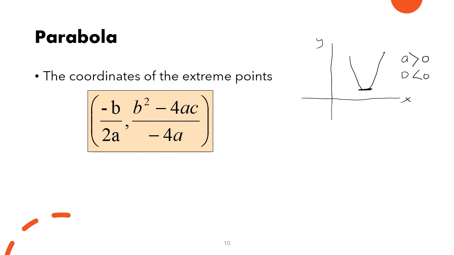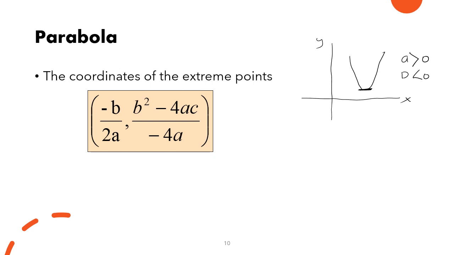So why do we need to understand a and D? First of all, we can imagine how the curve will be drawn, and then we know also whether it can reach a minimum point or a maximum point.